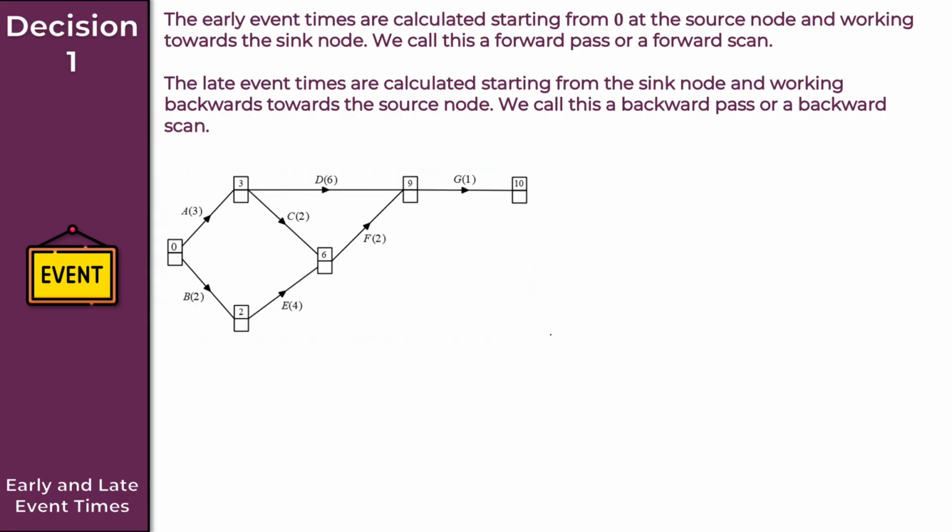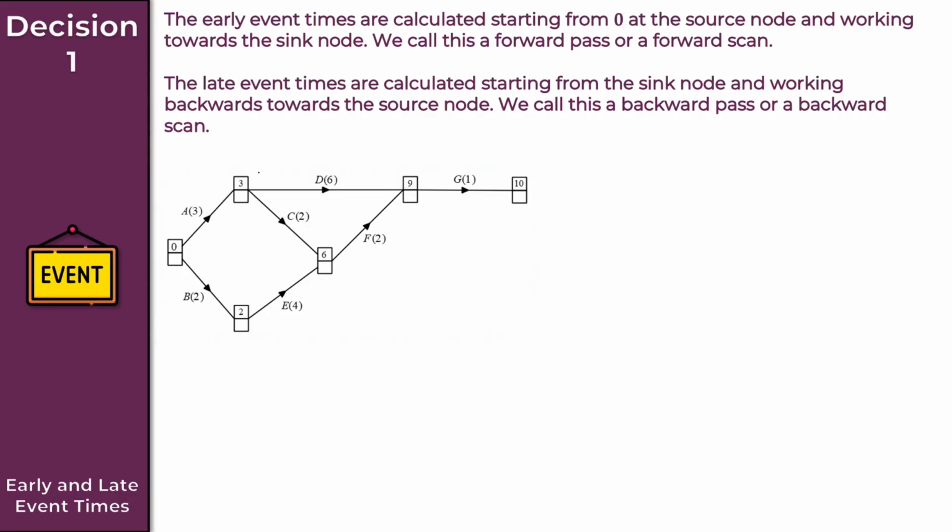I've already filled out all of the early event times, but let me briefly explain how I obtained these values. The first thing to mention is that at the source node, our first event, it always starts as 0. So we always start with 0 here.